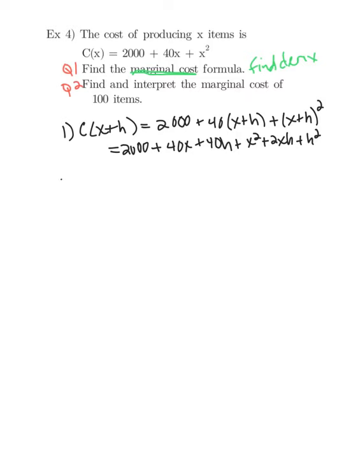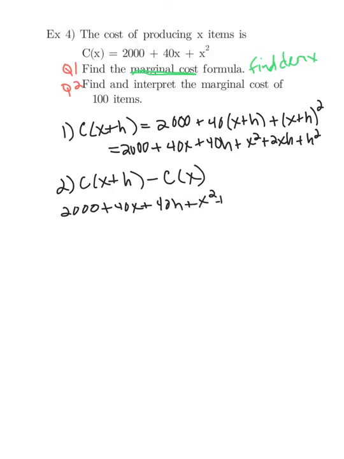For step 2, we do c of x plus h minus c of x. So take the answer that we just got minus the original. So our first answer was 2,000 plus 40x plus 40h plus x squared plus 2xh plus h squared.